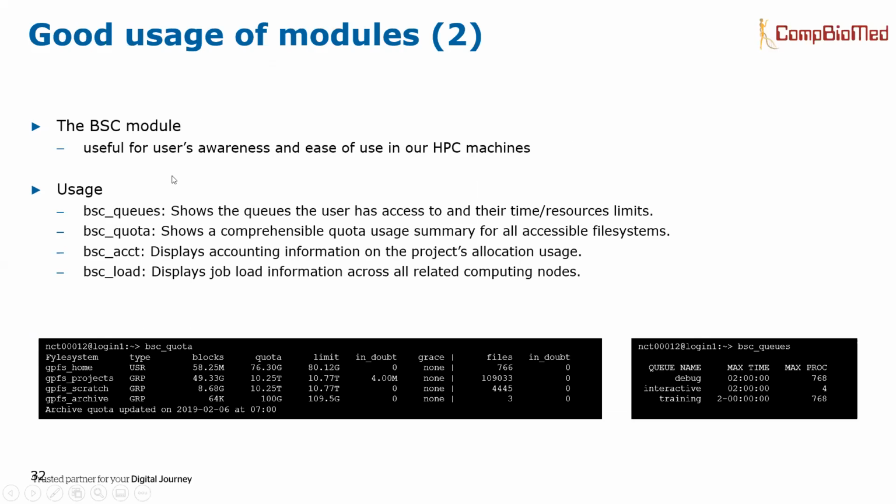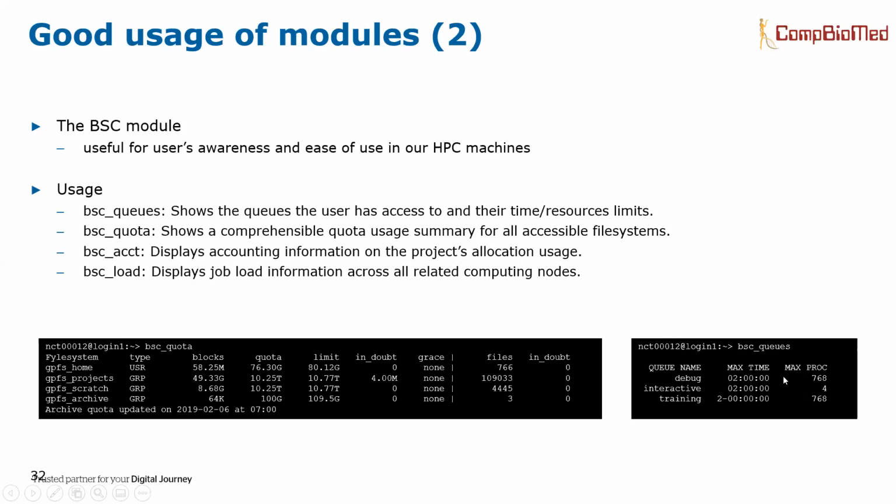Okay, there's also the BSC module, and this one is interesting because it will give you the kind of resources that you have access to. In this example, if you use the command bsc_quota, it will give you how much memory you have access to and what is the limit, either in the home, the project, or the scratch directory. We have also bsc_queues, and the important thing about these queues is that it will show you what kind of compute resources you have access to.